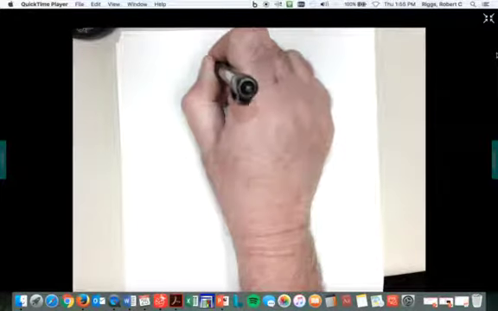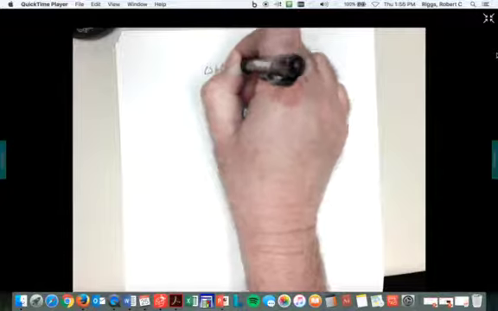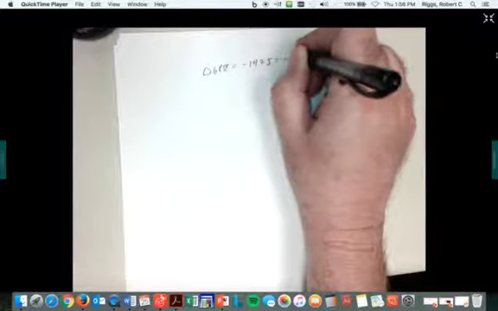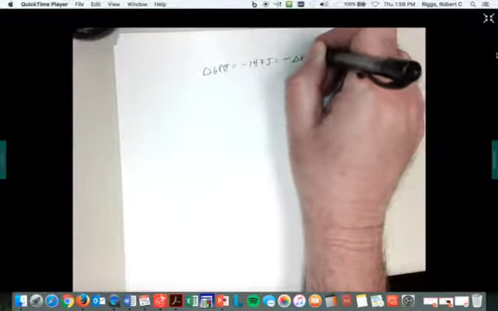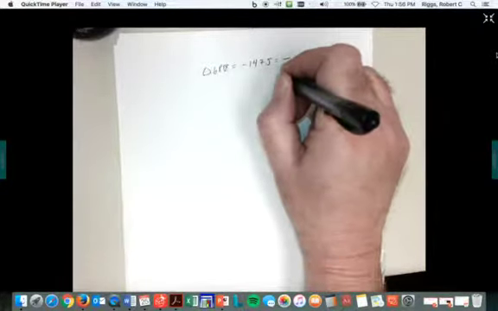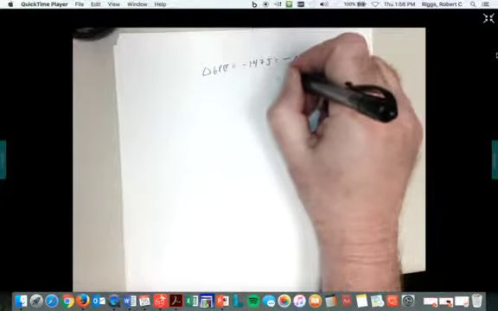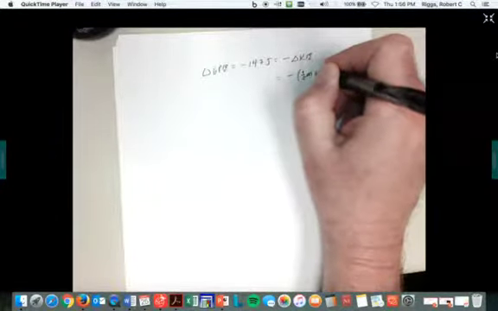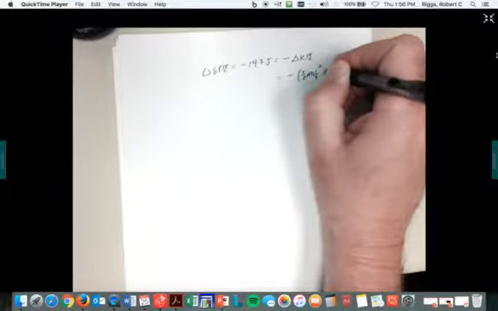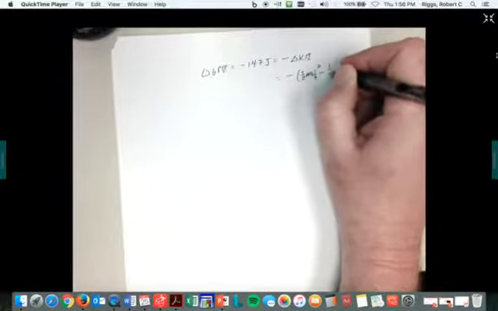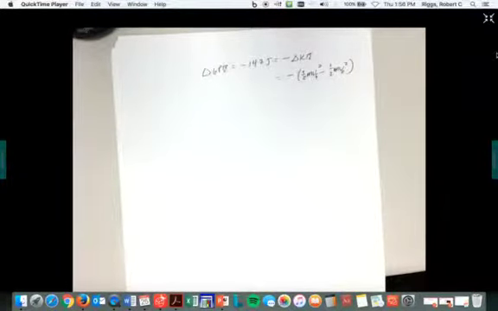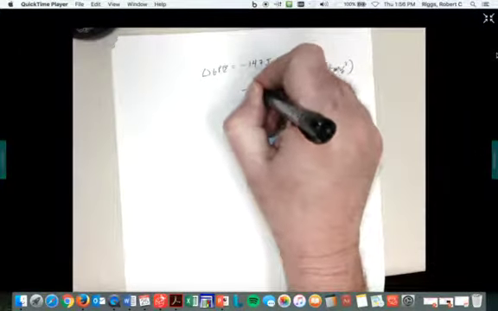Our change in gravitational potential energy was equal to minus 147 joules, which is equal to the negative change in kinetic energy, which is equal to minus (1/2 m v final squared minus 1/2 m v naught squared). That's my change in kinetic energy, correct? And this equals negative 147 joules.